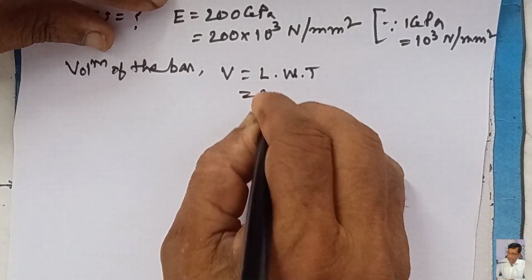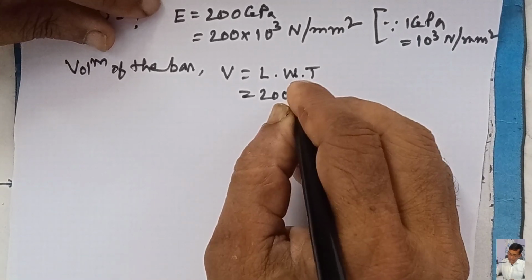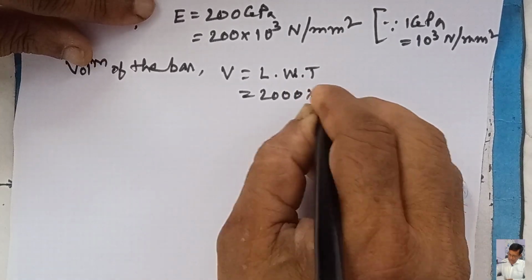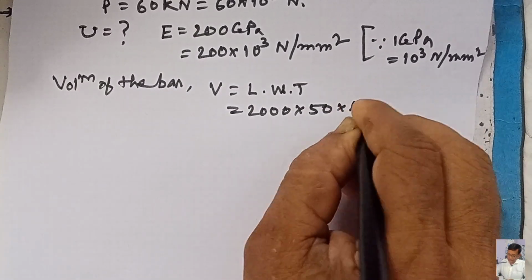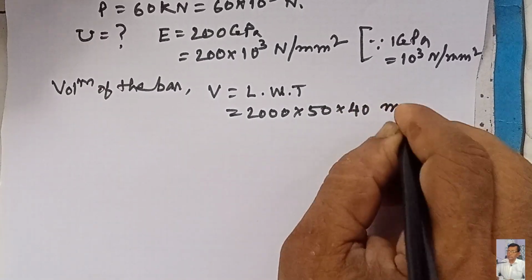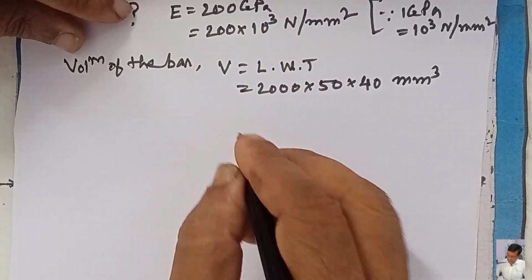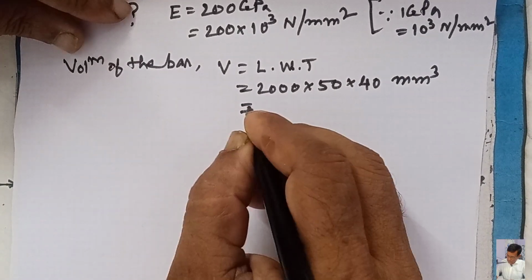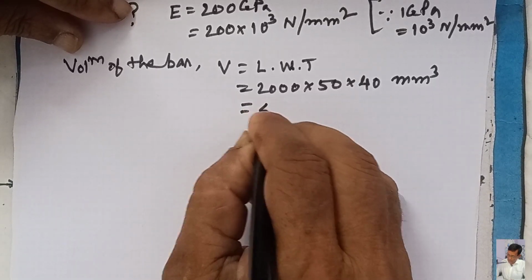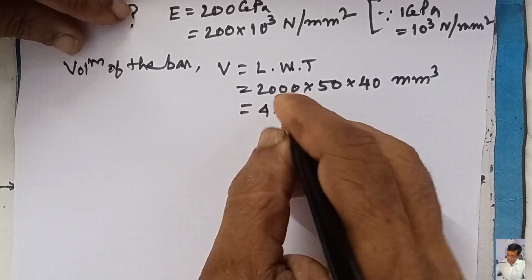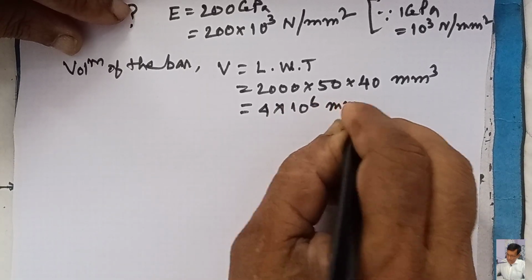So 2000 into 50 into 40 millimeter cube. Here it will come 4 into 10 to the power 6 millimeter cube.